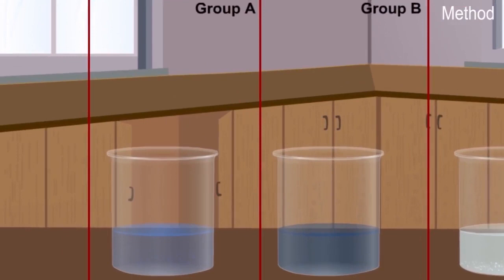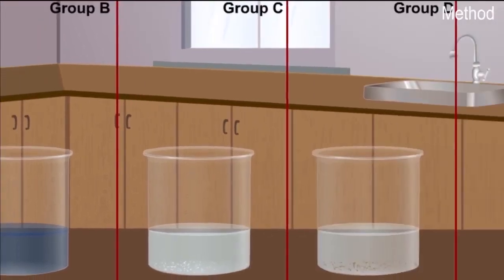You would notice that in case of groups A and B, the mixture of copper sulfate and water has a uniform composition, but the color of the solution is darker in group B than in group A. This suggests that a mixture can have variable composition. In case of group C, most of the alkaline settles at the base of the beaker.